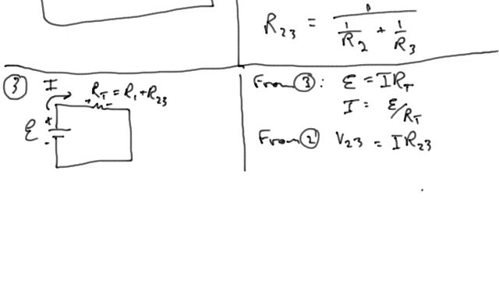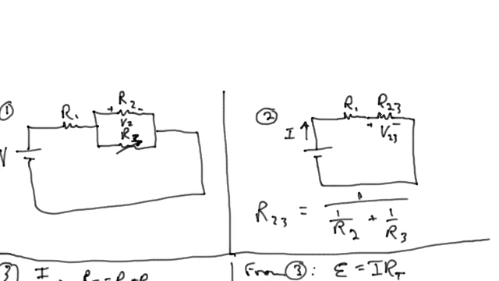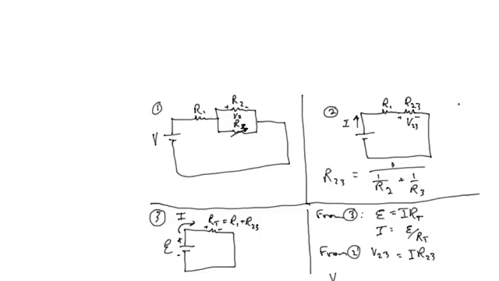If I take a look at these pictures, V23 is the voltage between these two conductors, the one connected to the right-hand side of R1 and the one connected to the low side of the EMF. So it is, by inspection, the voltage across R2 and the voltage across R3.